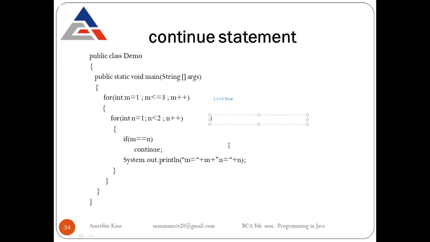Now n is equal to 1, and n is less than 2. The condition is true. Now, m equals to n: as we know, m equals to 1 and n equals to 1, so the condition is true. In the body of the if, we are writing a continue, and continue means control goes to the beginning.